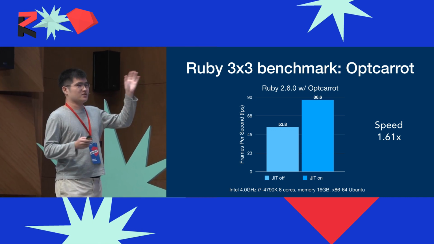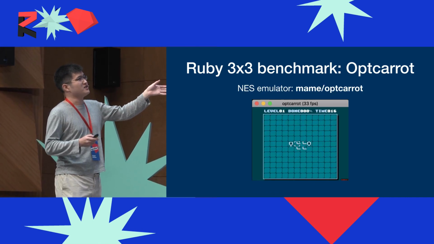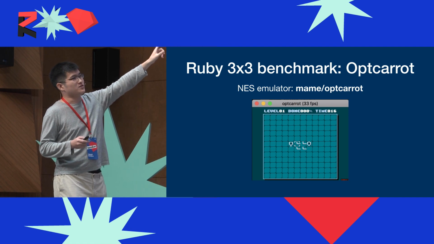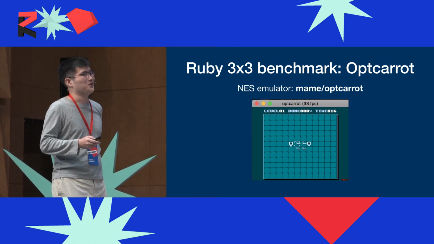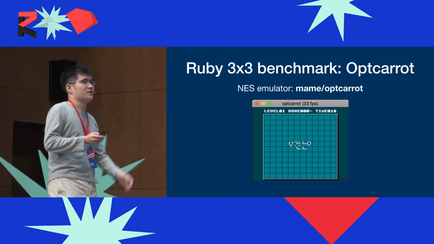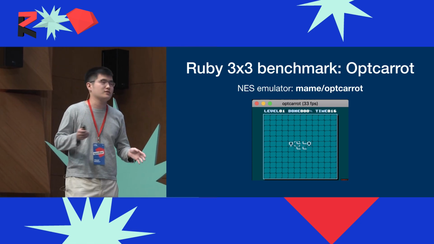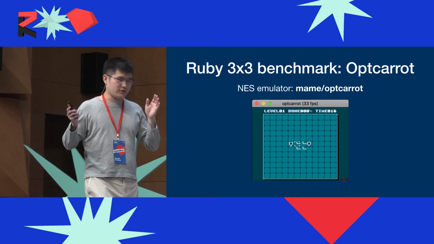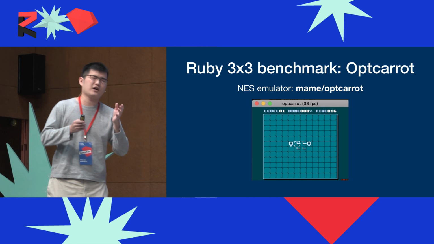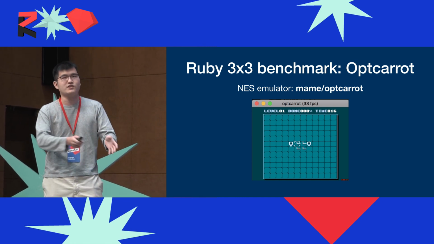This application is very CPU intensive because it renders each pixel in every frame, so there's many rooms to optimize at the CPU level. As said by Matz, the current JIT compiler is suitable for this kind of optimization.